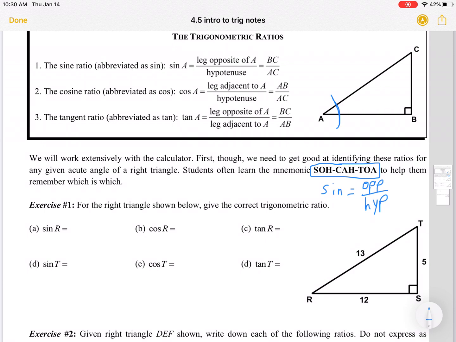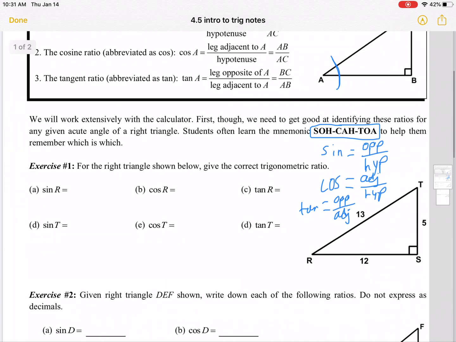O stands for opposite, H stands for hypotenuse, S stands for sine. Cosine is going to equal adjacent over hypotenuse, and tangent is going to equal opposite over adjacent. So now what does all this mean? You might be thinking, what the heck is going on? But after we do a bunch of examples, I think it'll start to make some sense. So we're just going to jump right on in.